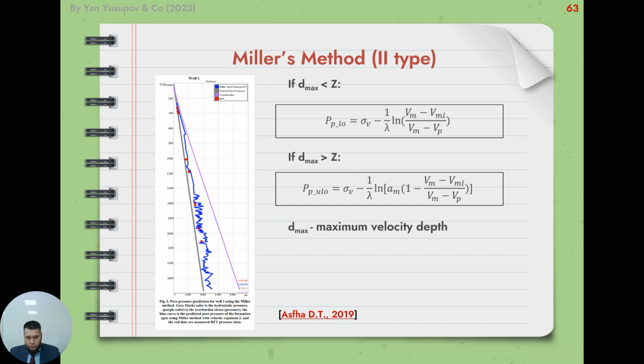This is a very similar method to Bowers' method, and it includes unloading and compaction parts, and it can be used for calculation of pore pressure types that are associated with generation, uplift, etc.